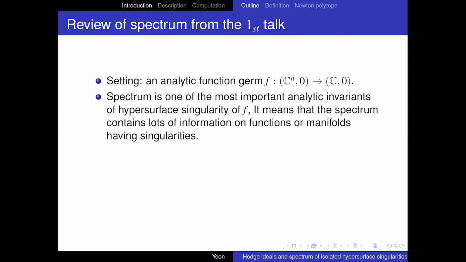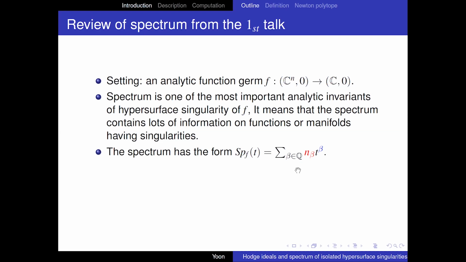Now, of course, you can think of that as its zero locus, but it tells more. Actually, it's about the defining function. It has a lot of information about the function and the manifold, and the shape is like that.